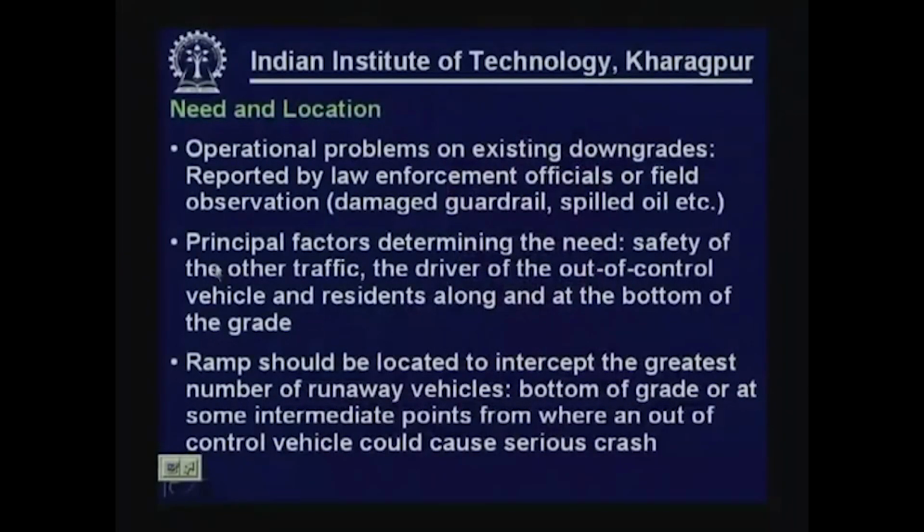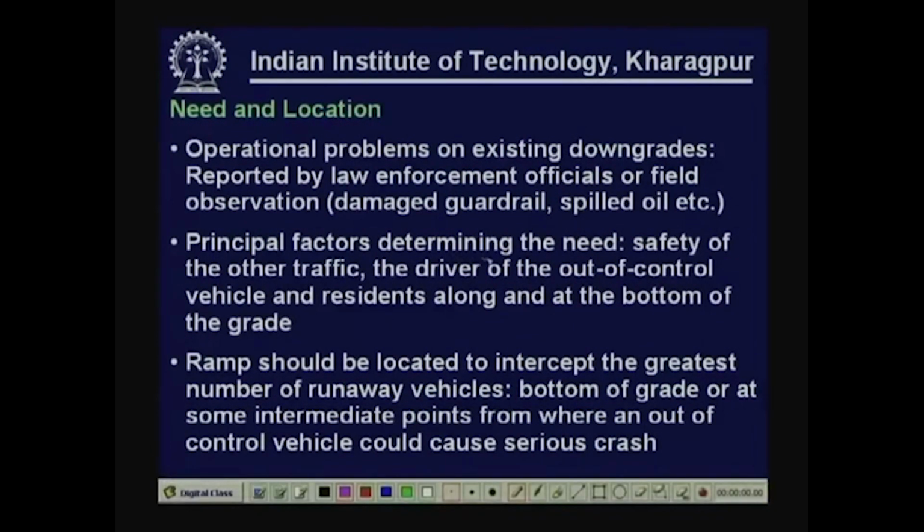Say, you may find broken guardrails or spilled oil, which are indications of a potential safety problem on that segment. So, if such problems are reported and found, emergency escape ramps may be justified. Now, remember that the principal factor determining the need for an emergency ramp is safety. That is the principal factor.